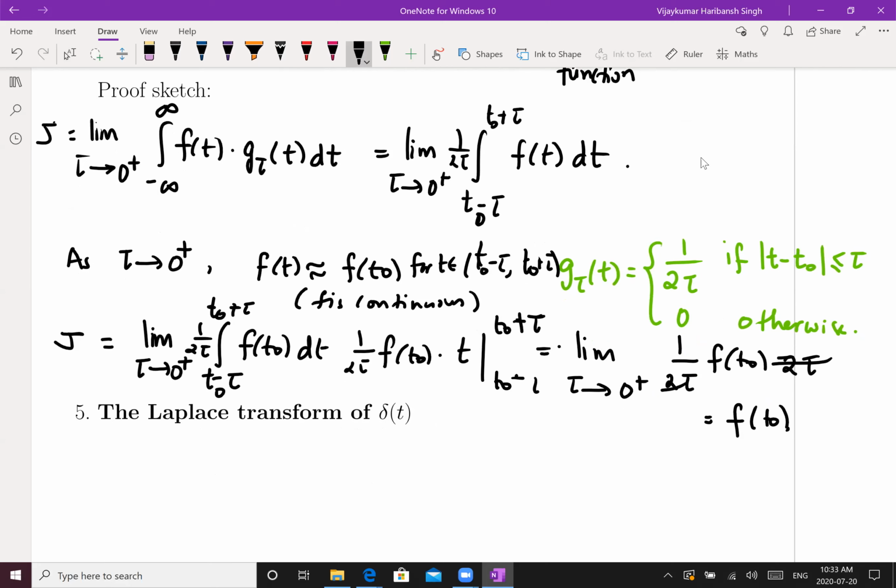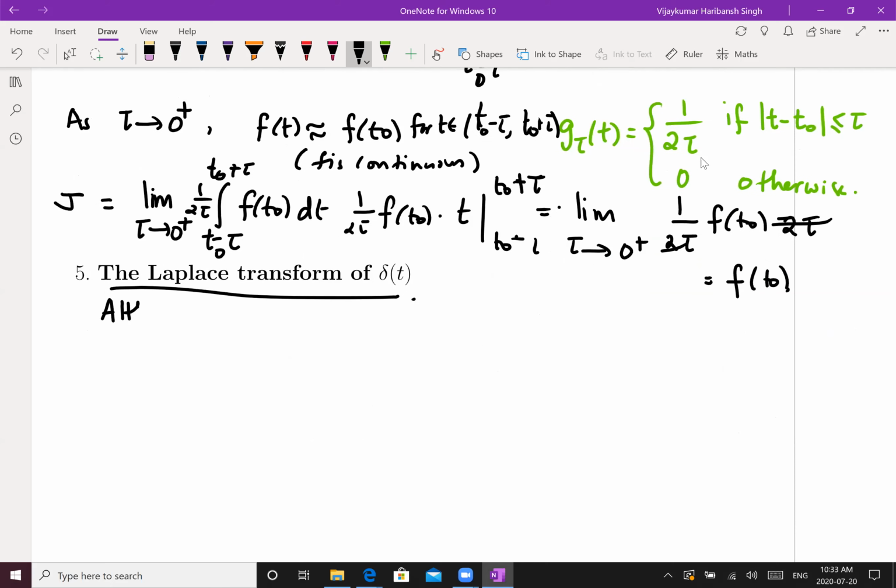Now we want to talk about the Laplace transform of this function, delta t. Now, note that delta t is not a function, as we have already discussed.